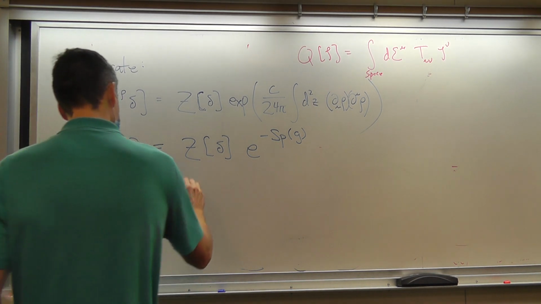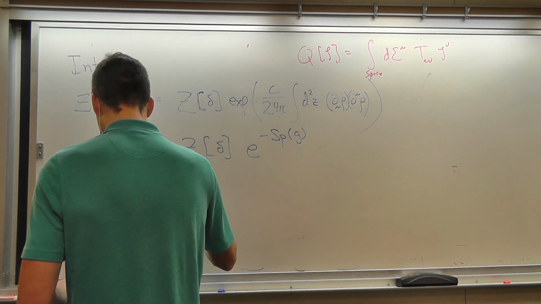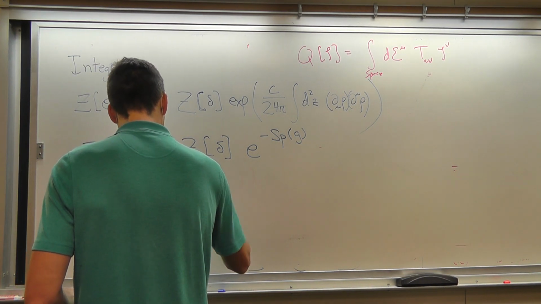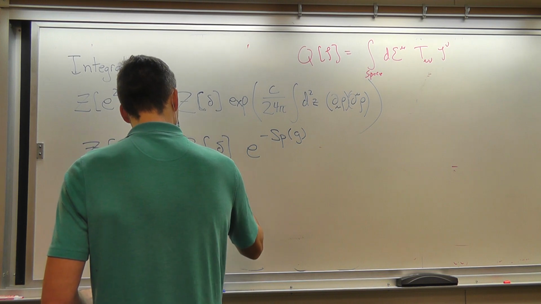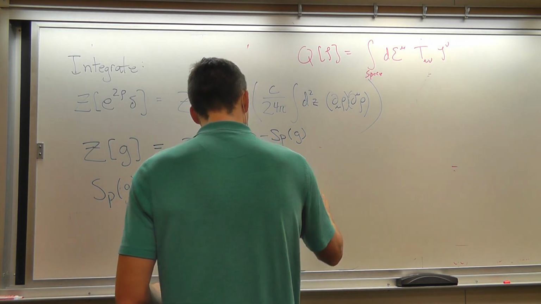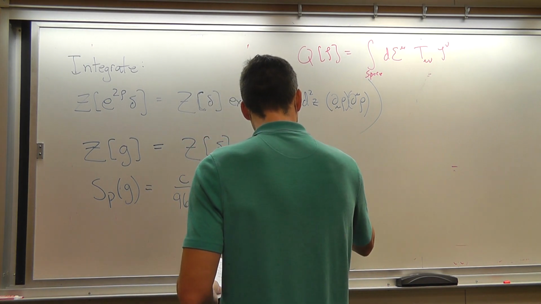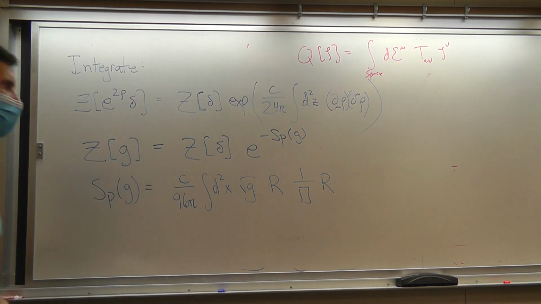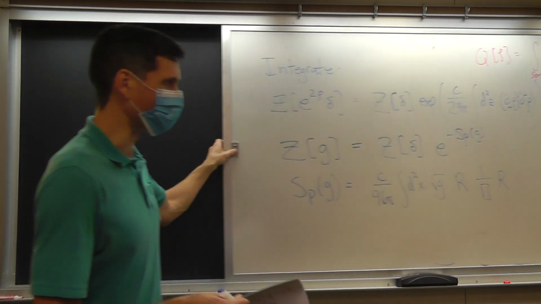The first one is sort of mysterious looking: c over 96 pi integral d2x root g R 1 over box R. I find this not useful because it has the 1 over box in it, but people write it, so that's why I wrote it. Now let me tell you what that actually means.